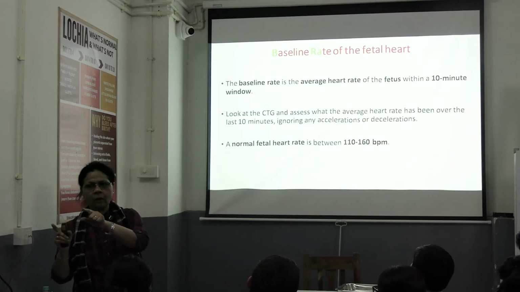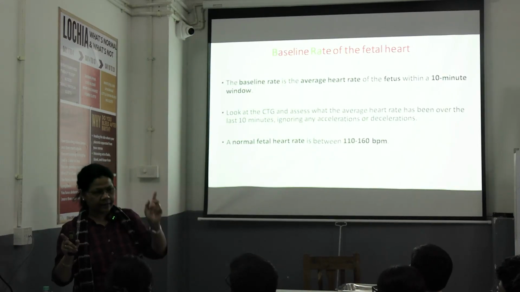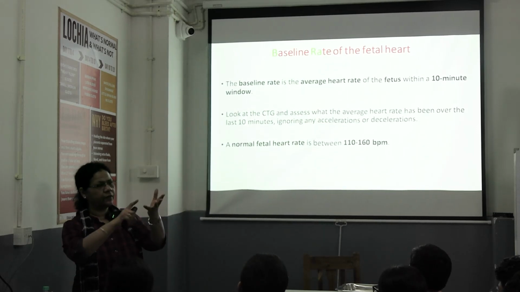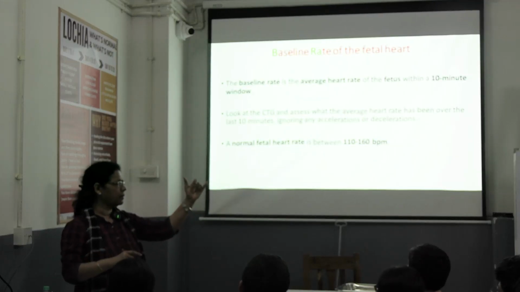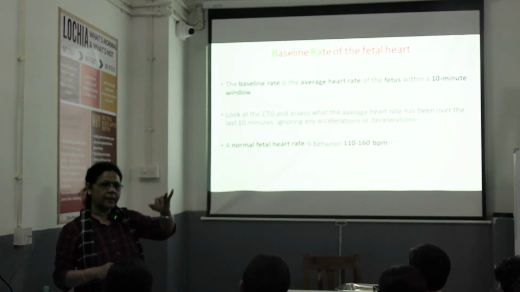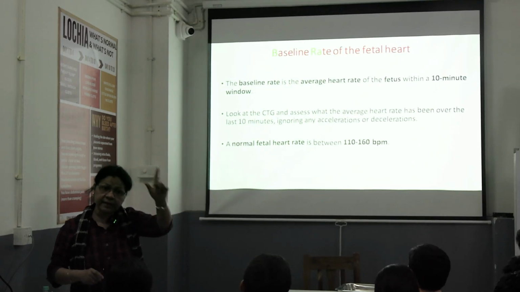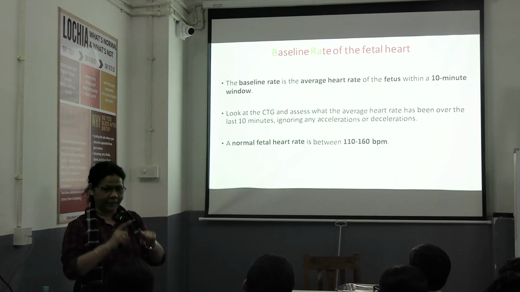In that 10-minute block, how many contractions you could see, what the heart rate was like, what the acceleration was. So what are the criteria you will see? First, baseline heart rate, then baseline variability, then acceleration, and whether there is any deceleration. Deceleration is not a healthy sign.